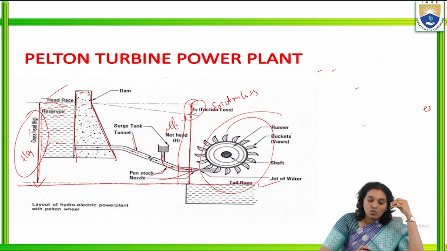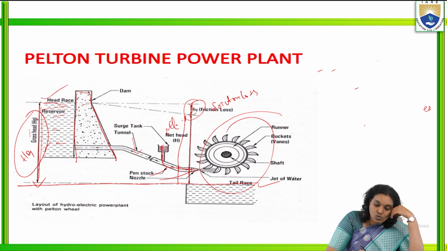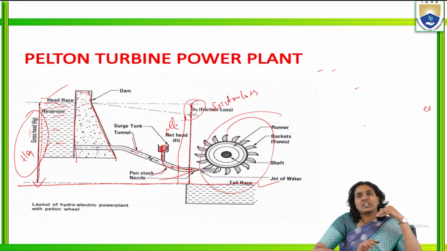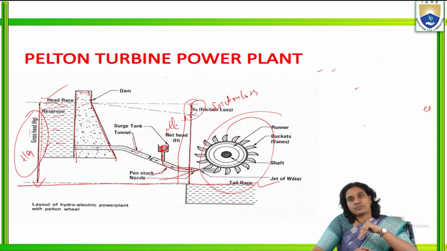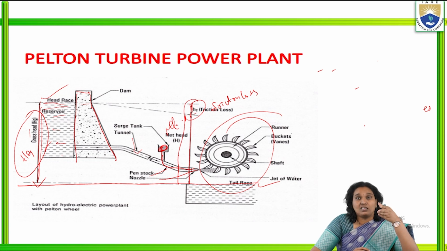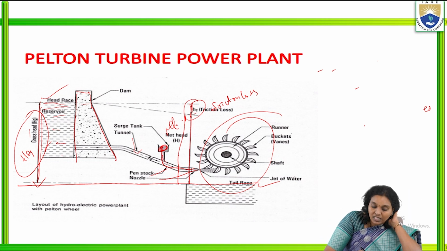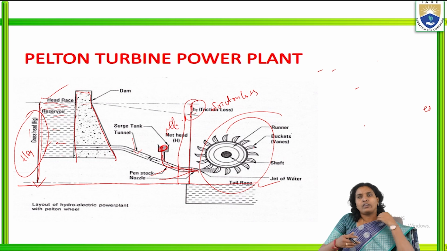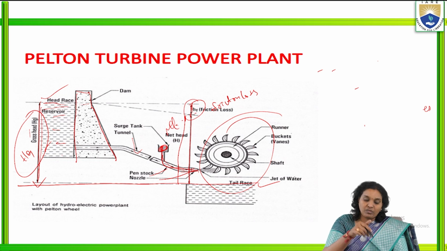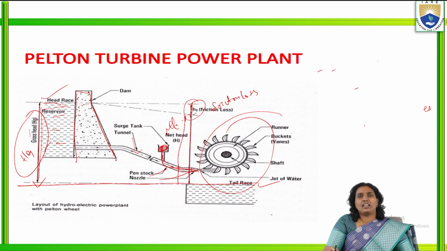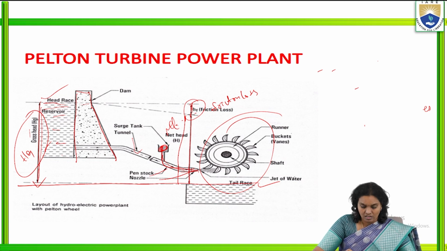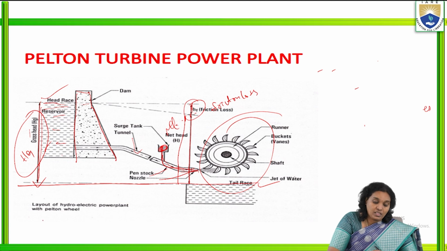Whatever excess there is stays in this surge tank. Sometimes, if the flow is less and the reservoir is half empty, we may create the jet of water from this surge tank also. So this is the overall layout of the hydraulic power plant with a Pelton wheel.